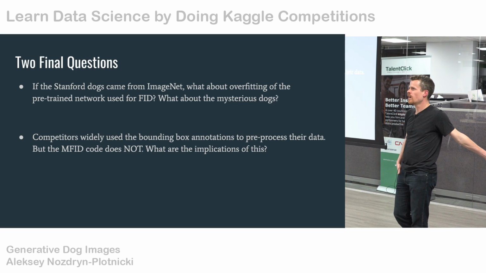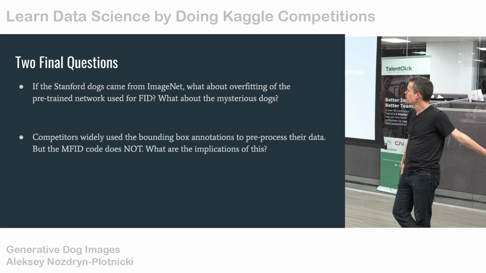What might that do to those 2,048 features? We know, for example, that a model is spuriously good at classifying images it was trained on. That's why we hold out data when we want to know how good a model is at making predictions, because we know it's overly good at the data we trained it on. And so I feel like those 2,048 features are somehow invalid if we used a model that was trained on them. And we might also ask, what about the mysterious dogs, the ones they use for the private leaderboard? Is something very interesting going on between public and private?